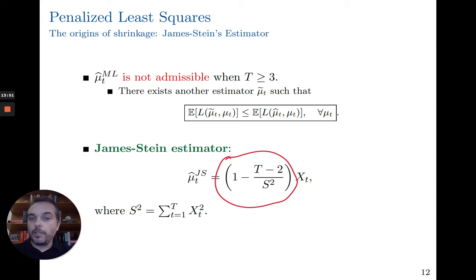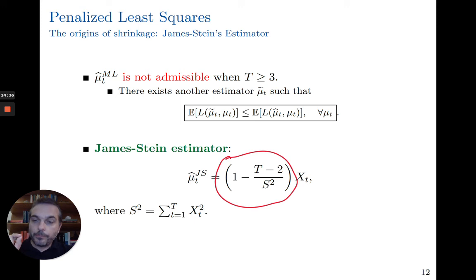It's the sum of the squared random variables. So basically here we are attenuating our estimator. We are shrinking this estimator. Okay? It's decreasing. So the James-Stein estimator will be smaller than the maximum likelihood estimator. So we are shrinking. And something for you to think about, and we can discuss during our live meeting on Friday.